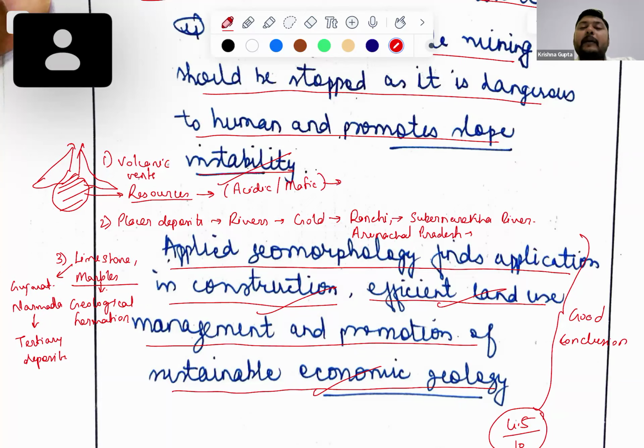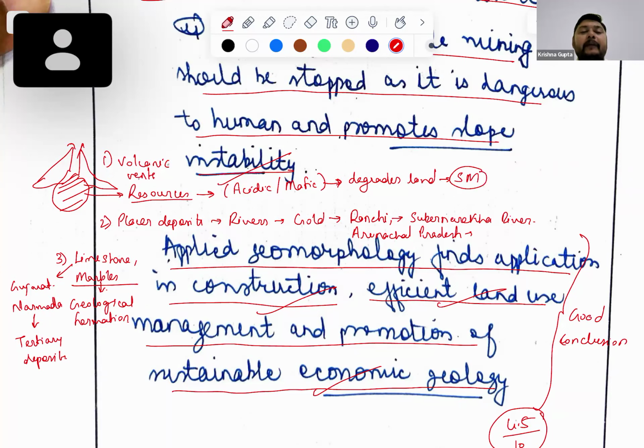Because of the acidity, certain minerals are present which basically degrade the land. Therefore we need practices of sustainable mining for this particular region.